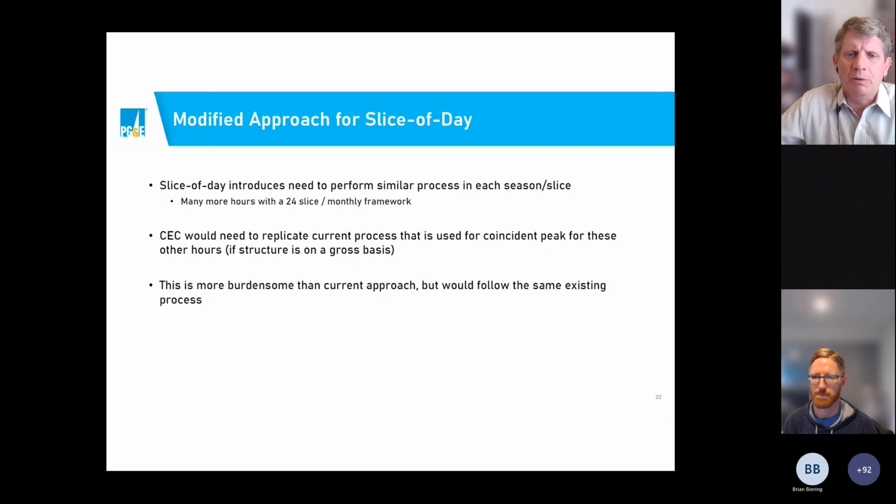From our perspective, that's one of the reasons why we like the fact that if you do it from a gross basis and then allocate to the LSEs on a slice by slice basis, that would reflect what the requirements are of that LSE in that particular slice, and could be matched to some degree to the procurement that's actually being done by that LSE.